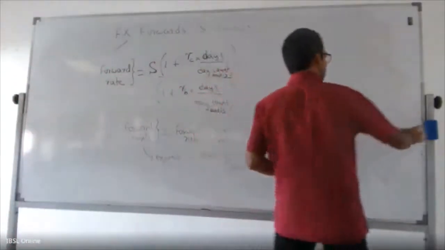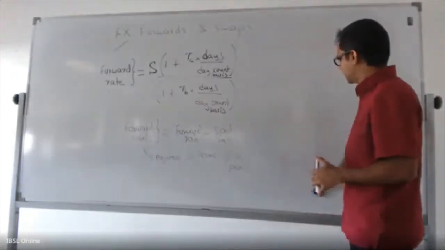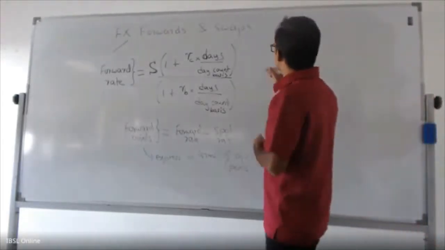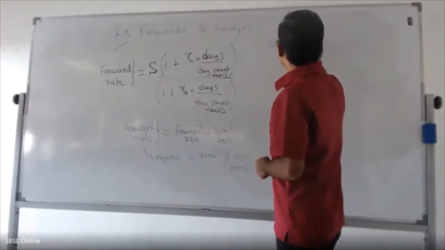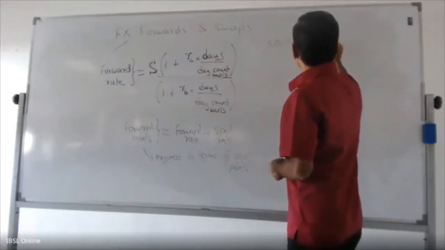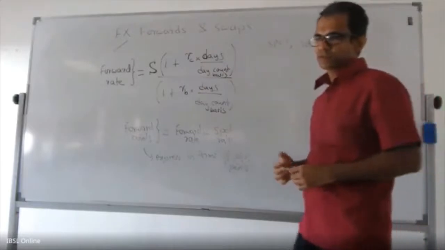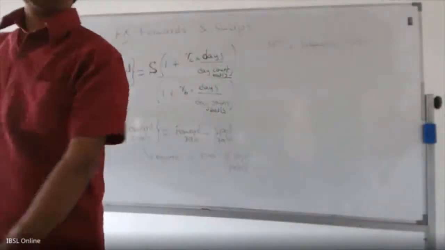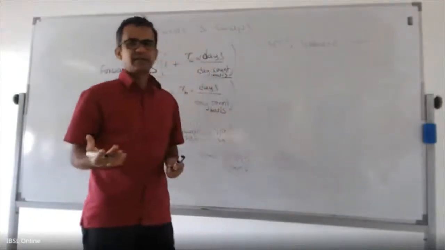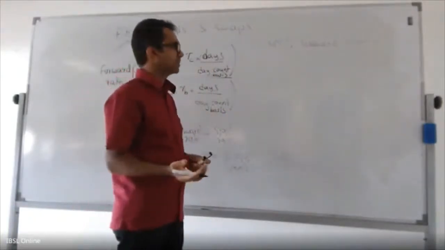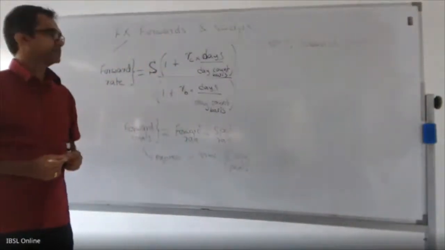Then we discuss the case when the spot rate is given and forward points are given. Spot and the forward points are both given with bid and ask. Then how do you calculate the forward rate?